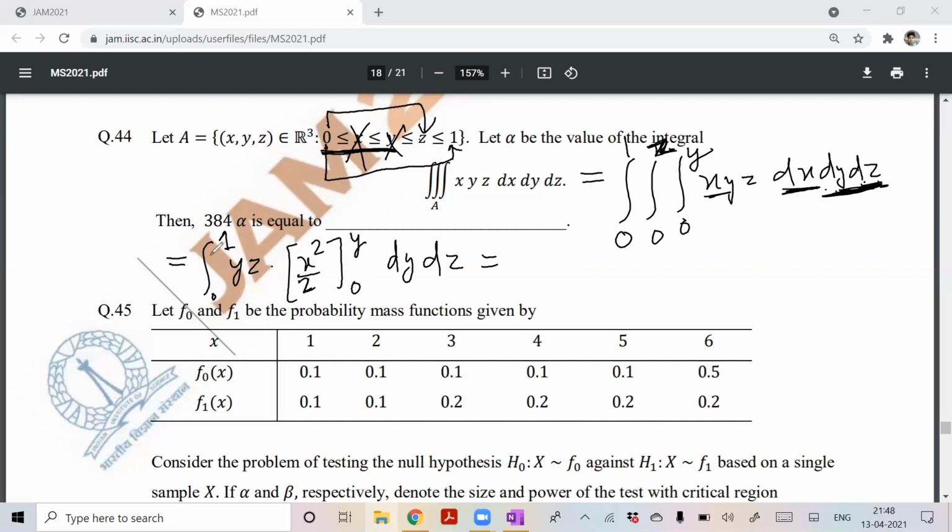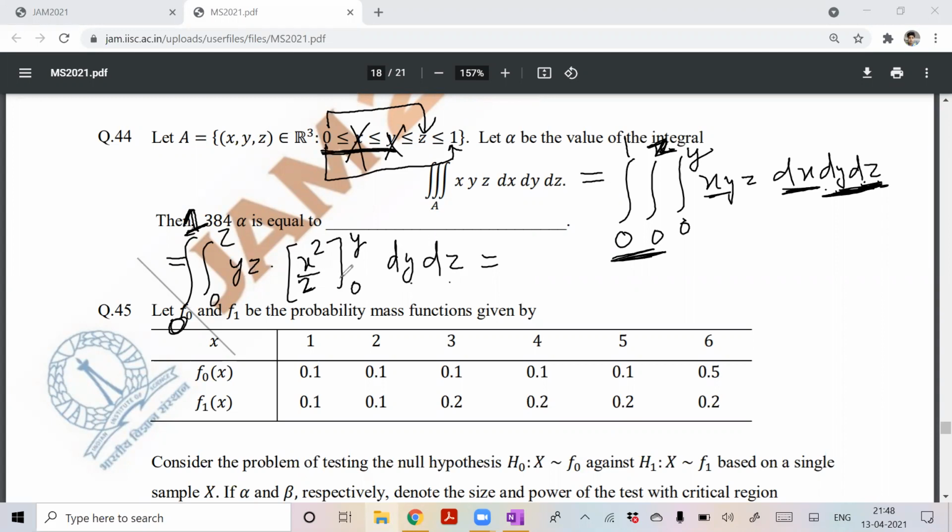Sorry, I missed one integral. So I have to write one more integral. The first two integrals I'm keeping as they are. So y limit is 0 to z, z limit is 0 to 1.